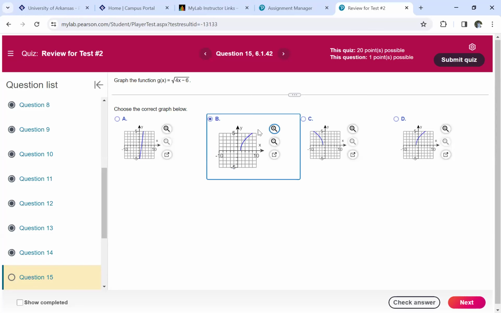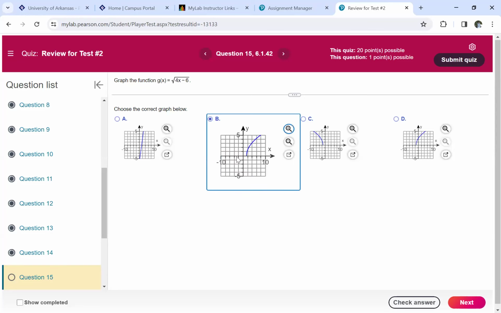So let me zoom that a little bit. So see how it sort of went right and then it starts going uphill. A is a straight line, no good. B is what I needed. C is going left, the wrong way. And then D looks like it moved left. Has the right shape, but it went left instead of right. So B on that one.